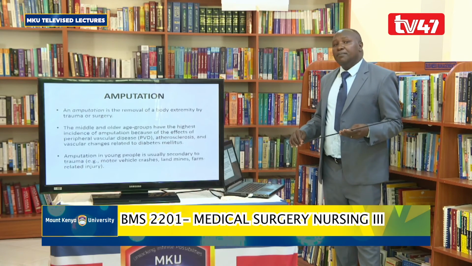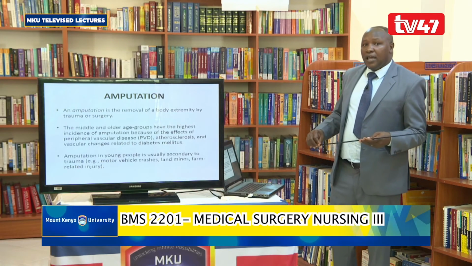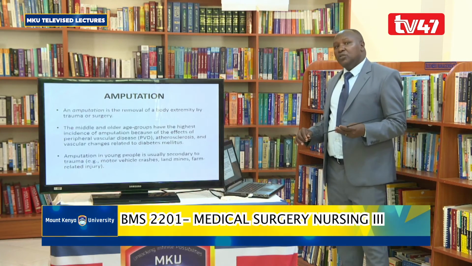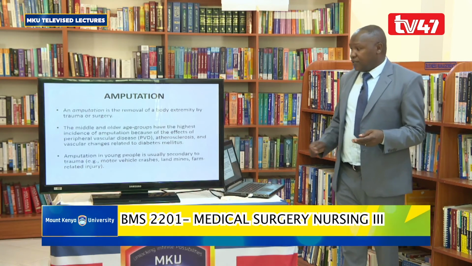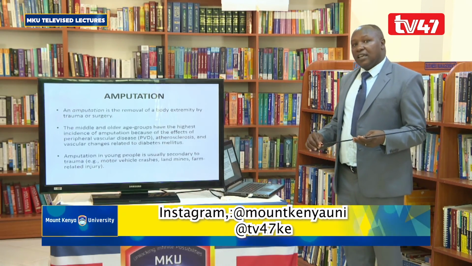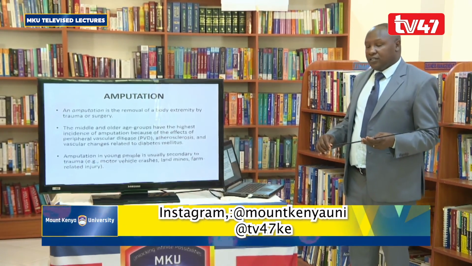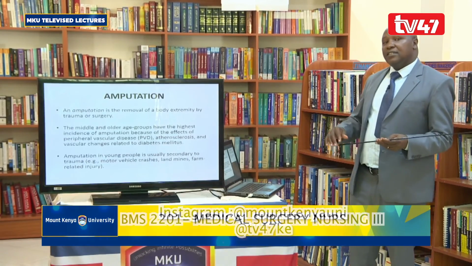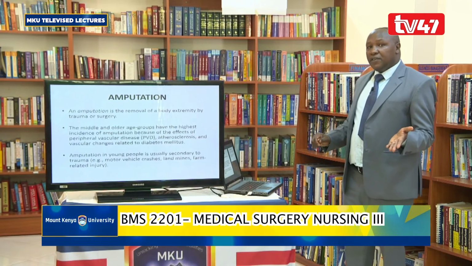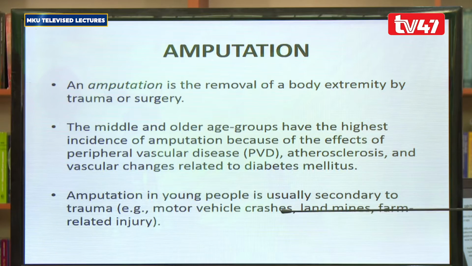We are told that middle-aged people are more likely to have amputation due to certain diseases, for instance diabetes mellitus, atherosclerosis, and some other vascular diseases, whereas younger people could have amputation as a result of motor vehicle crashes, farming-related injuries, or even mines.